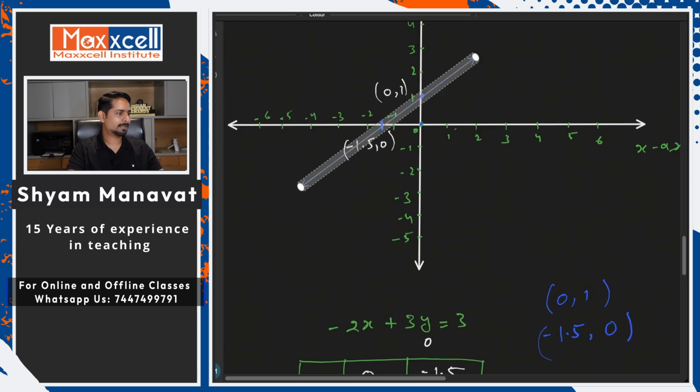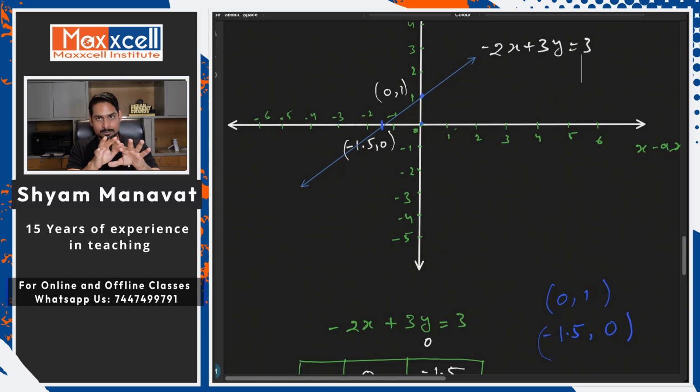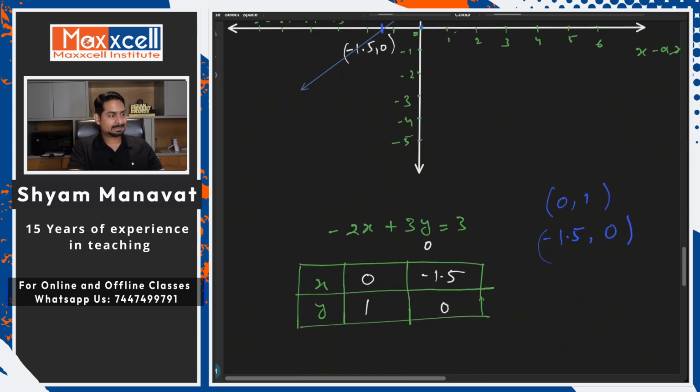And here you have this straight line which is representing the equation minus 2x plus 3y equal to 3. Are you okay with this? Take 2 points. You can take any random point. I find this to be pretty easy. You substitute x is equal to 0, then you substitute y equal to 0. Accordingly, you will get 2 points. Join those points and you are done.